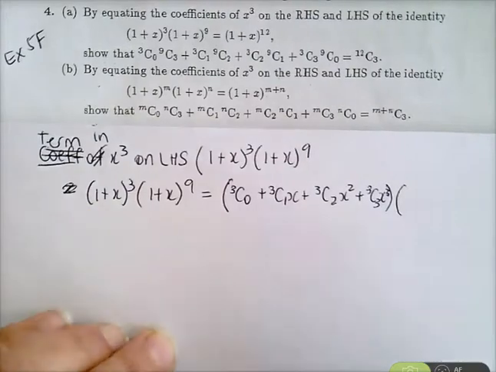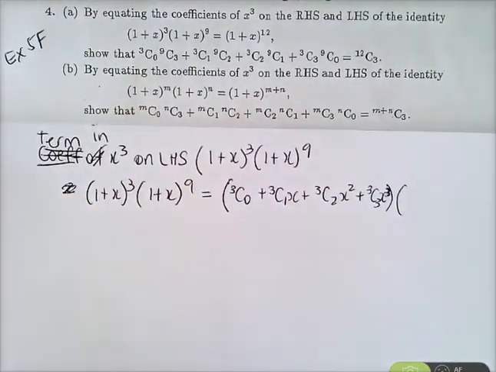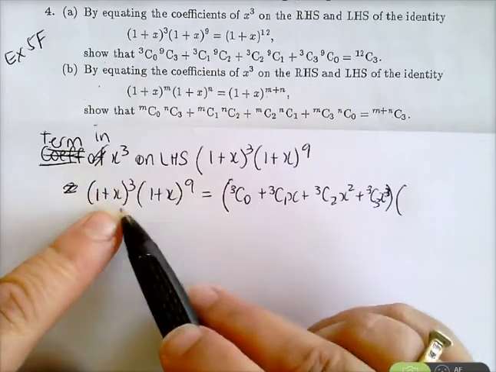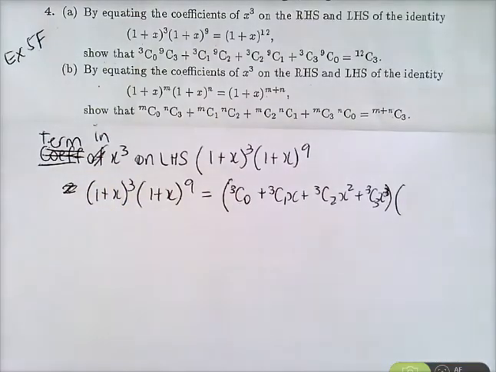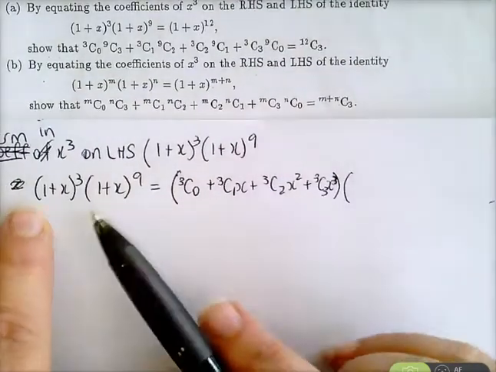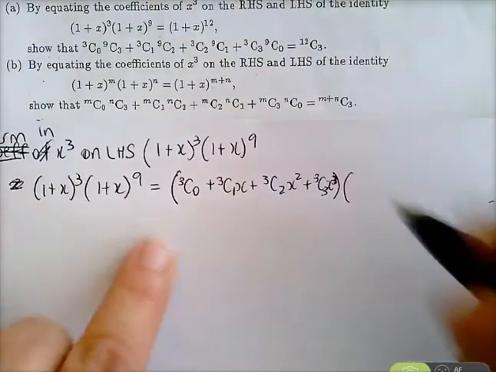When you've got (1 plus x) to some power, the expansion's very simple because it's 3C0, 1 to the power of 3, x to the 0, which is just 3C0. The expansion of (1 plus x) to the power of something is really basic.